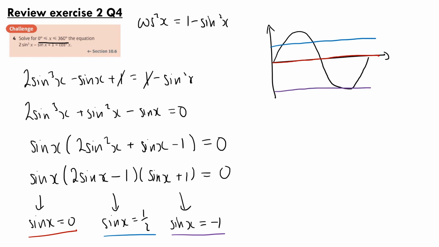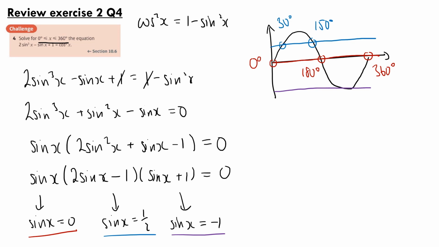And you can see for sine of x is equal to 0, we have 3 solutions, here, here, and here. So the first is at x equals 0 degrees, the second at 180, and finally at 360. And for sine of x is equal to a half, we have 2 solutions. The first where x is equal to 30 degrees, and the second where x is equal to 150 degrees.